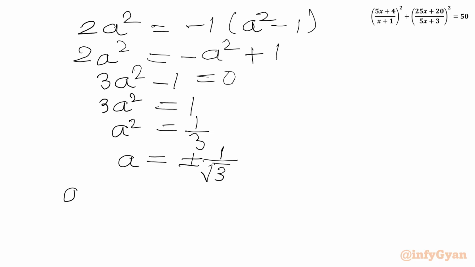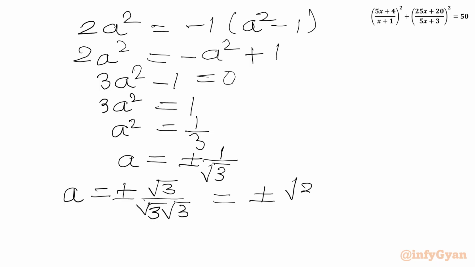Now we will rationalize our denominator and write plus minus root 3 over root 3 times root 3. I can write plus minus root 3 over 3. Here we have two real values of a: a equal to plus minus root 3 over 3.